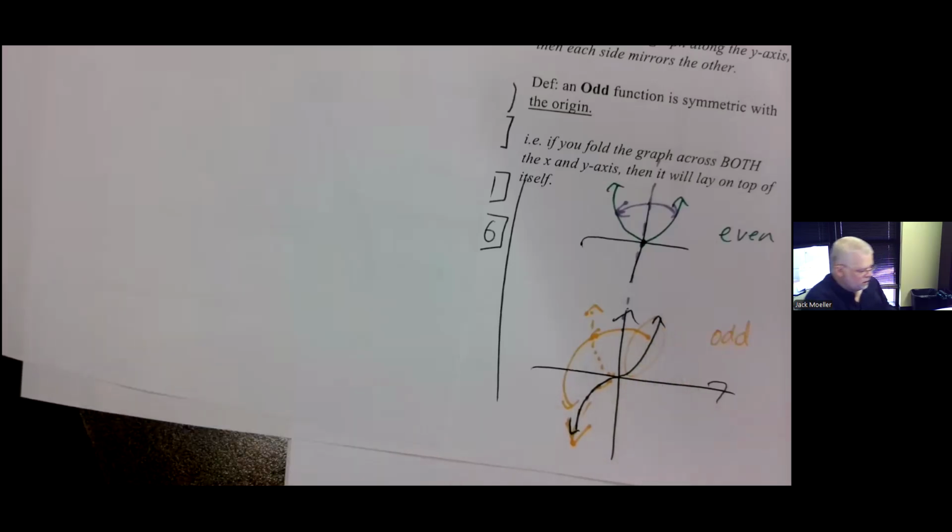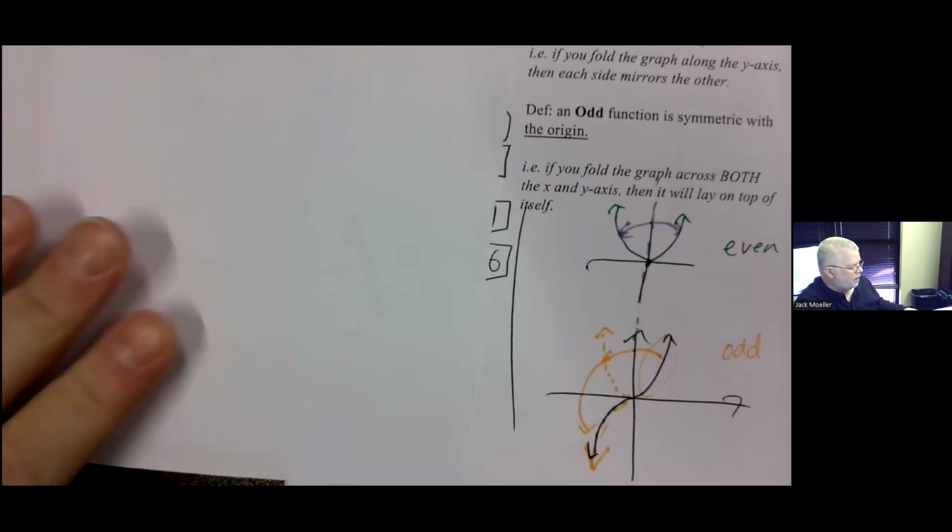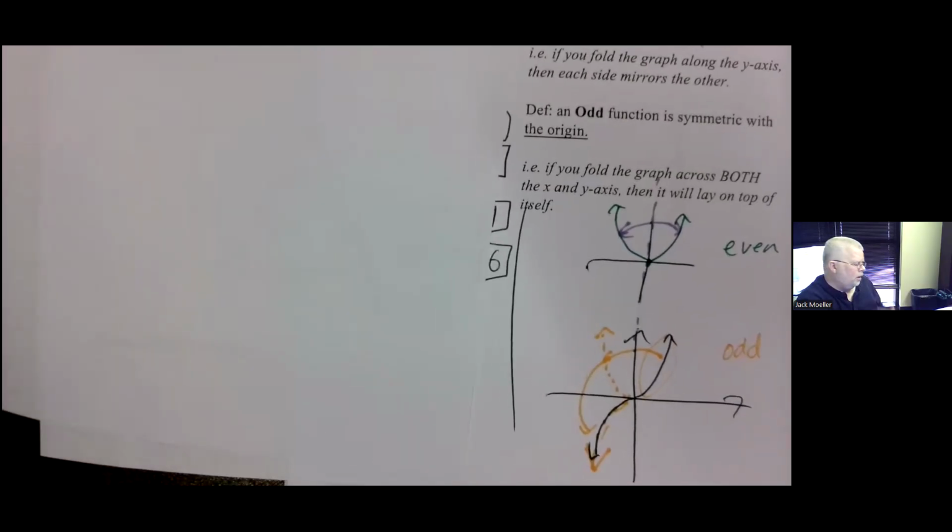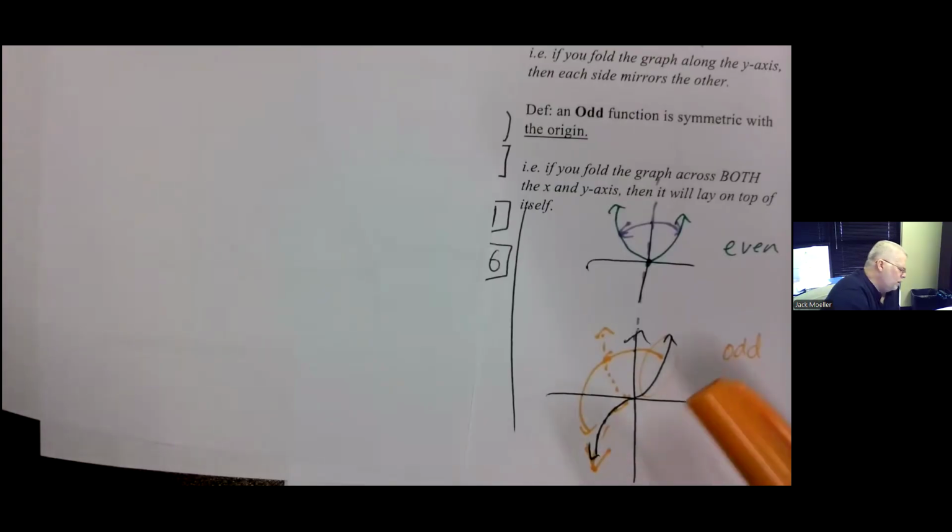So that is the geometry definition of even and odd functions. It's really about symmetry. The reason we're talking about this is that in calculus, functions with these symmetries are, I guess, nicely behaved might be a word.